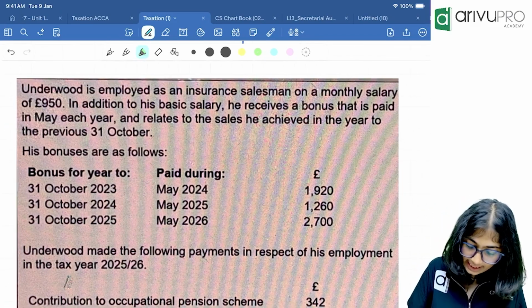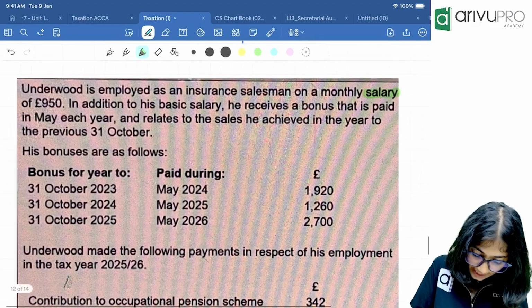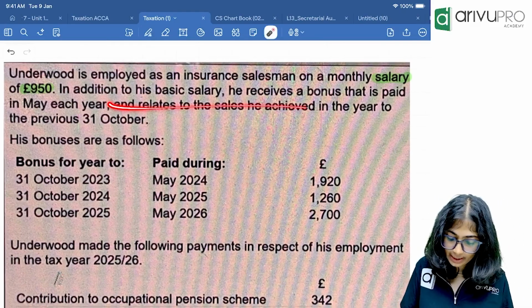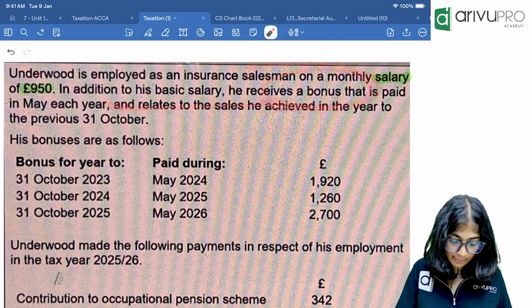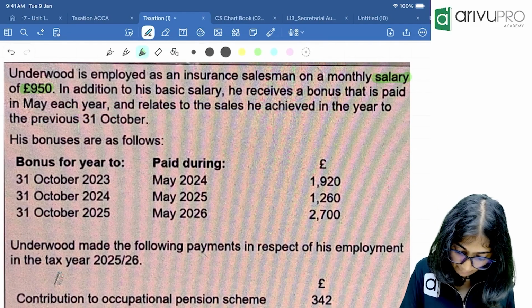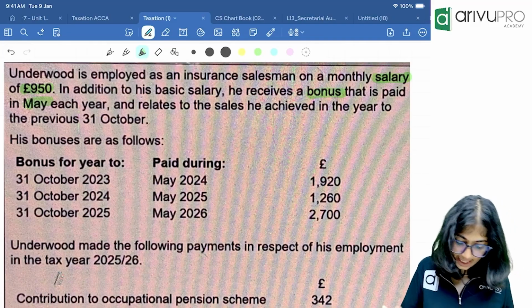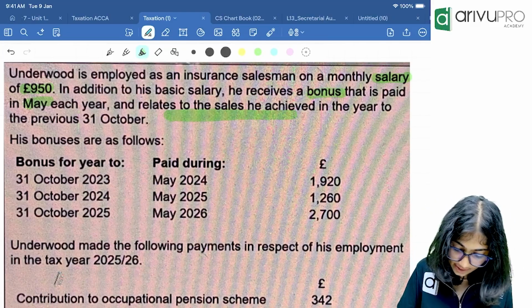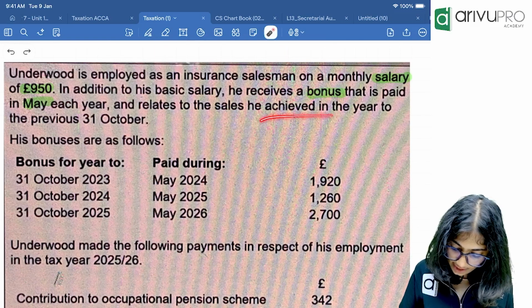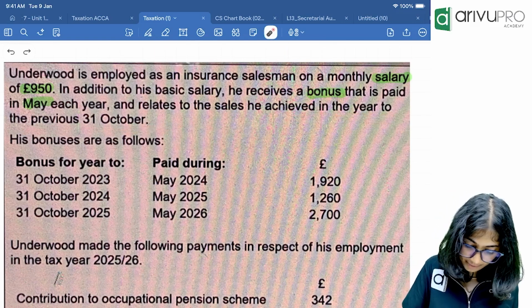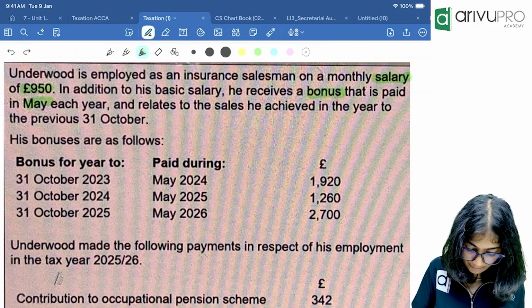While reading the question itself, you're going to highlight certain things. It's a monthly salary. The salary is of 950 pounds. In addition to this basic salary, he receives a bonus that is paid in May each year. Bonus is paid May each year. And it relates to the sales he achieved in the year to the previous 31st October. What does this mean, ma'am?